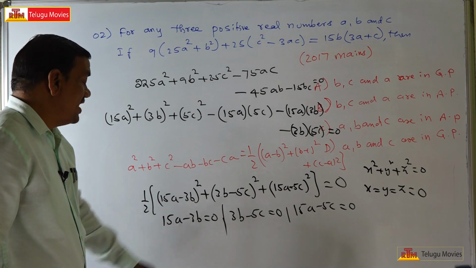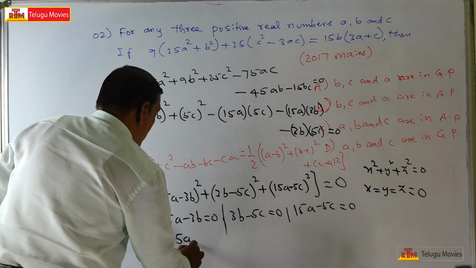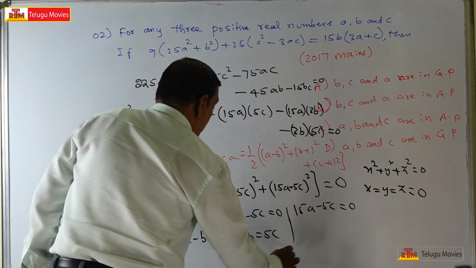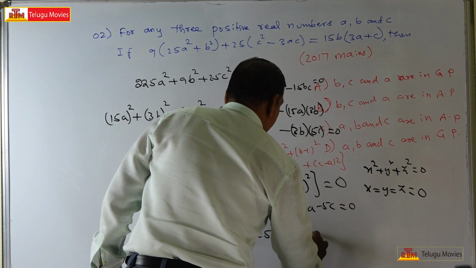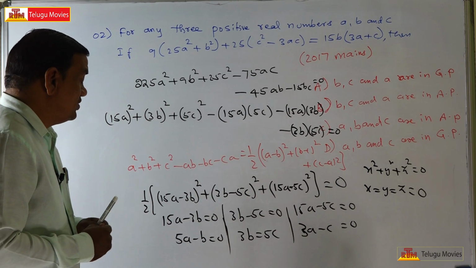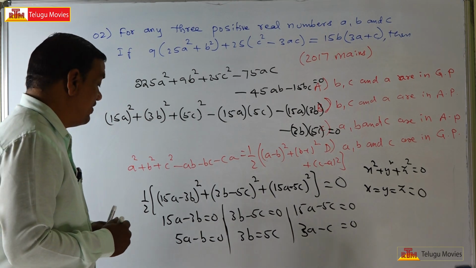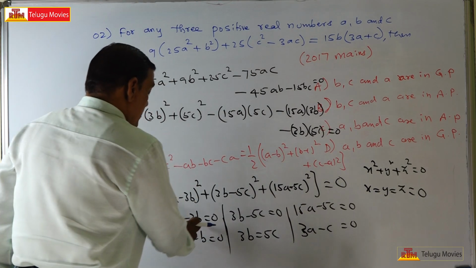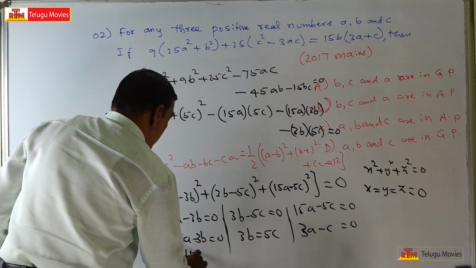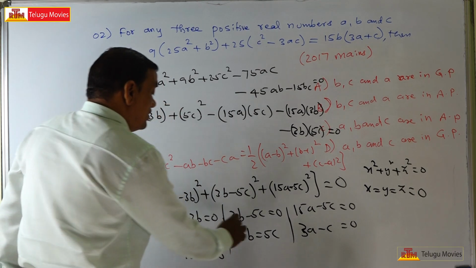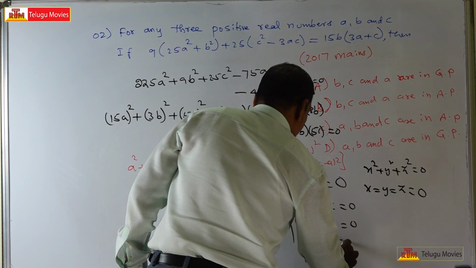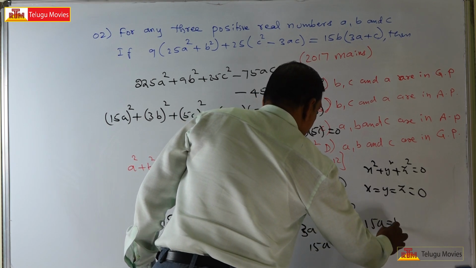Okay. So 15a minus 3b is equal to 0, so 15a is equal to 3b. 3b minus 5c is equal to 0, so 3b is equal to 5c. 15a minus 5c is equal to 0, therefore 15a is equal to 5c.